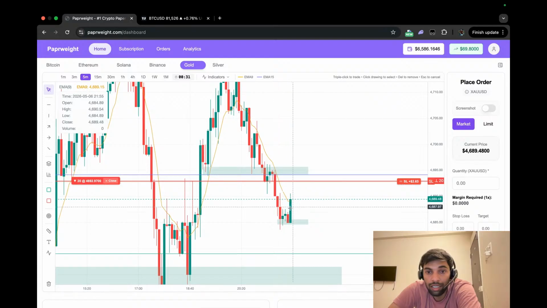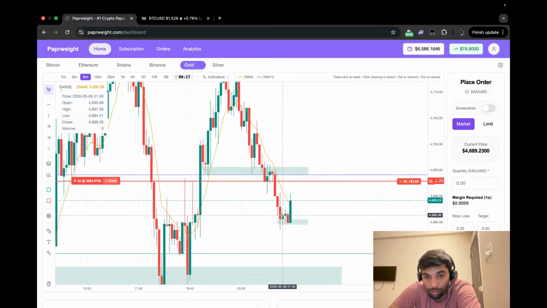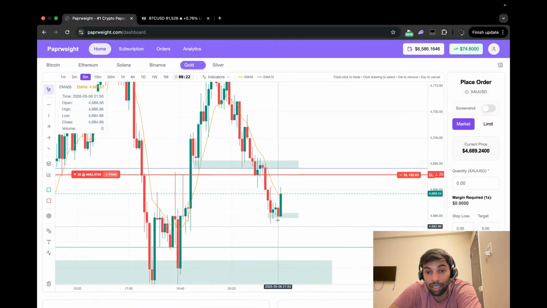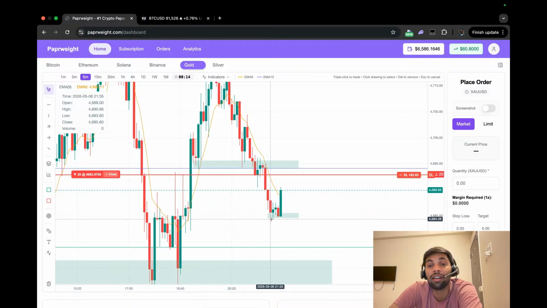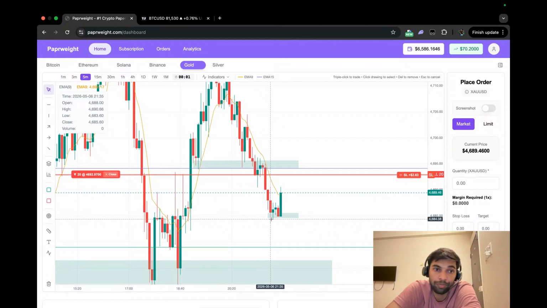Because this green candle is the result of all the sellers who jumped in, thinking the market will reach till here, and have their stop losses here, and all of a sudden the market reversed. So these sellers are panicking like me. My profit is also reduced, right, from $150, $170 to $60. So it's quite obvious that they will start booking their profits.